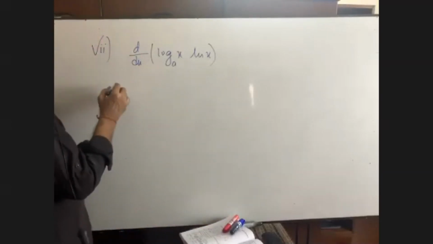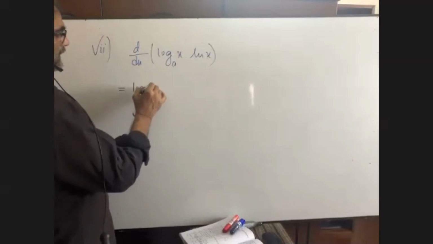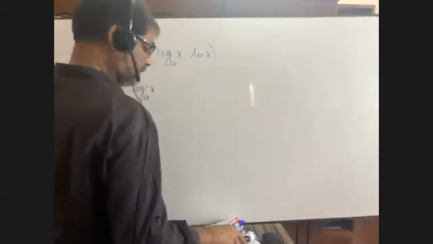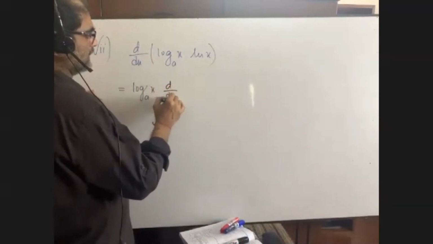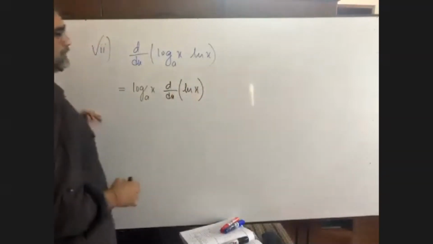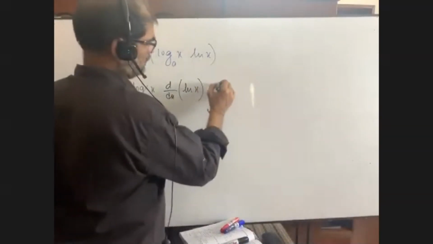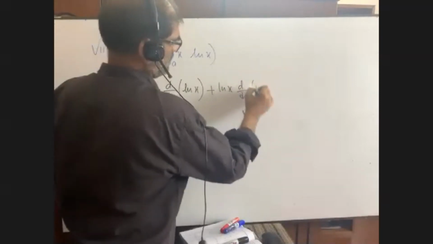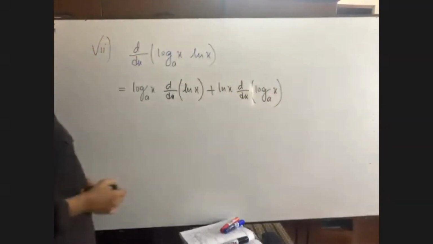You can write here: log a base x, then d by dx of ln x, then ln x times d by dx of log a base x. Can I do it now?